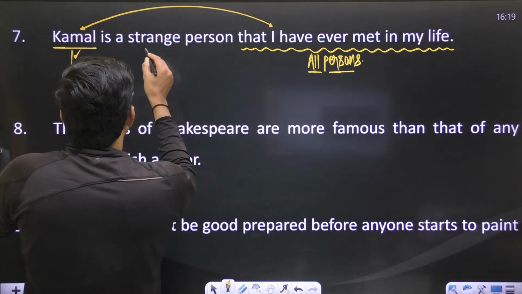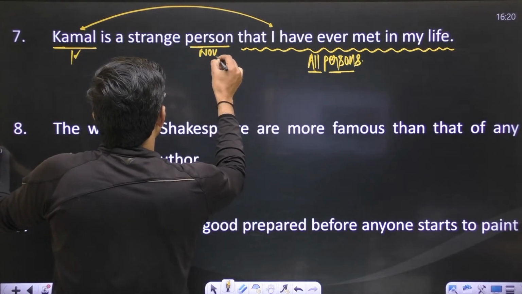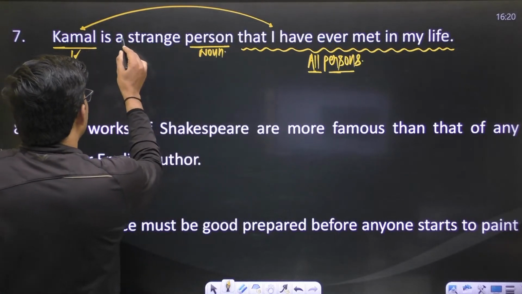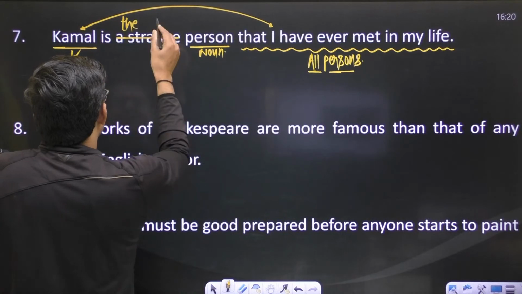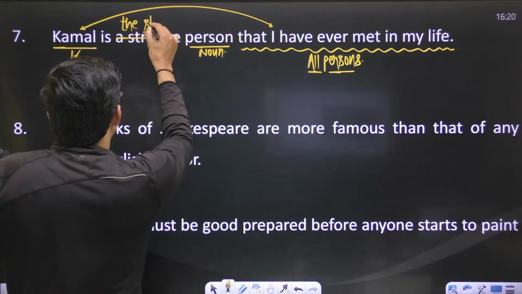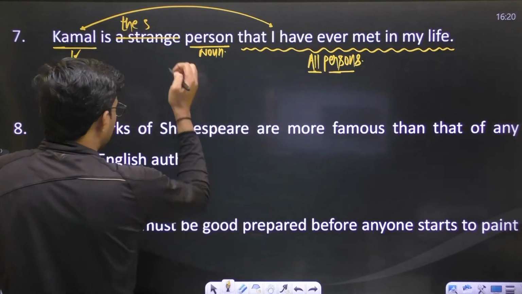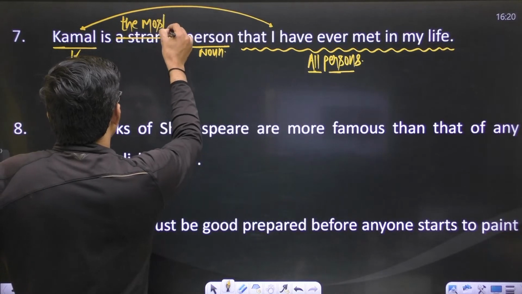Here in this situation, we use an adjective of superlative degree. This word person is a noun, and before this noun, an adjective of superlative degree will be there. So the sentence will be like, Kamal is the strangest person. Kamal is the most strange person.